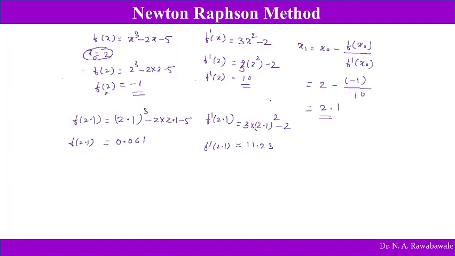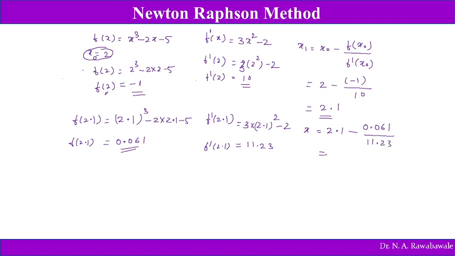Now we want to find out again the revised value of x. So the revised value can be obtained again as, in place of x0, x is equal to 2.1 minus f of x0, which is 0.061, divided by 11.23.